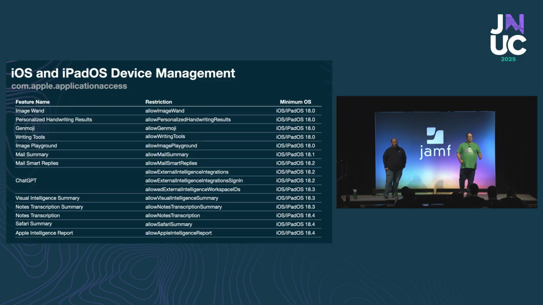However, there are some restrictions that apply to mobile devices that did not exist for macOS, including things like image wand, personalized handwriting results, and visual intelligence summary. Again, just like the list for macOS, we have the operating system requirements for what restriction keys apply to which versions of those operating systems. All of this information is available in the developer page, so we recommend you take a look at Apple's developer documentation for full compatibility information.